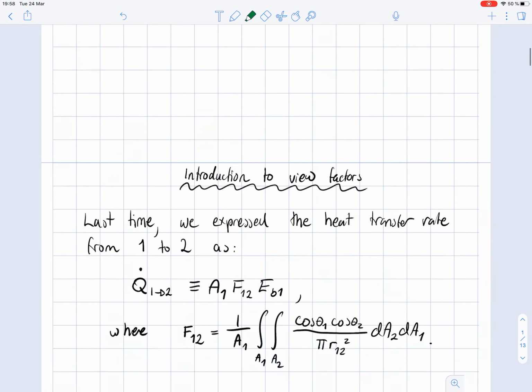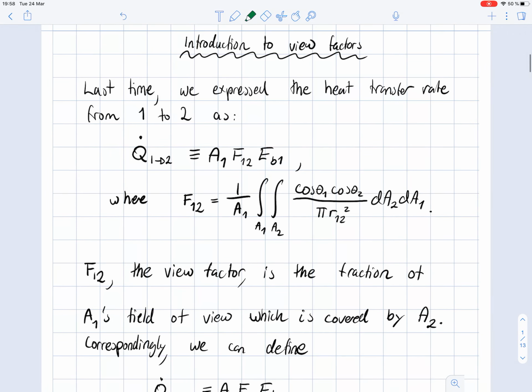So we'll start with the view factors. And last time we were calculating the heat transfer rate between two surfaces that we denoted 1 and 2. And the heat transfer rate, so how many watts is being transferred, so joules per second, we expressed as this Q dot 1 to 2, signifying that this is the heat transfer from surface 1 to surface 2.